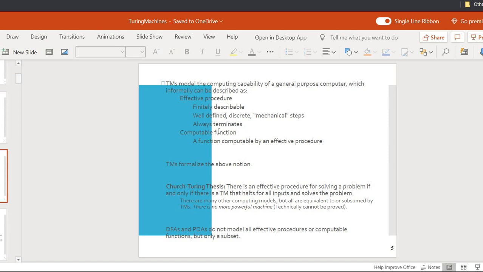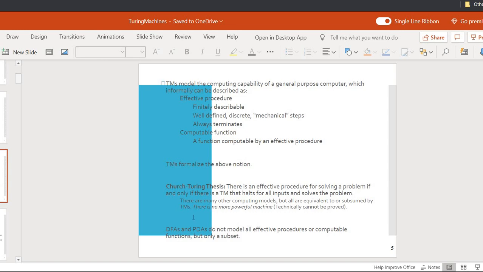The steps are predefined and mechanical, and you can be sure that it will always terminate. That is a computable function: a function computable by an effective procedure. Turing machines formalize the above notion.